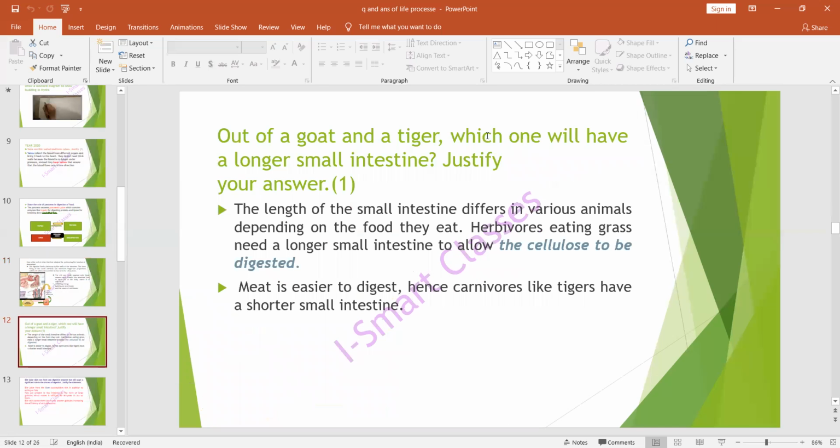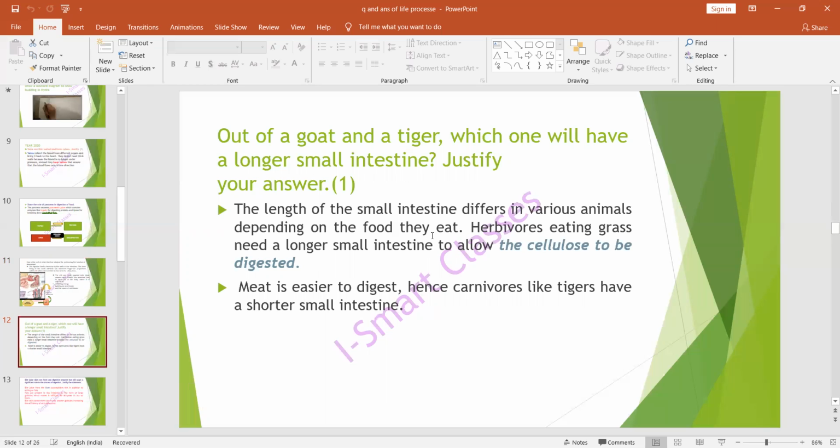Out of goat and a tiger, which one will have a longer small intestine? Justify your answer. Now, because goat eats grass which contains a lot of cellulose, it requires longer time to digest the food. The length of the small intestine differs in various animals depending on the food they eat.